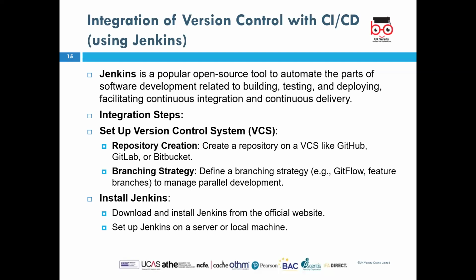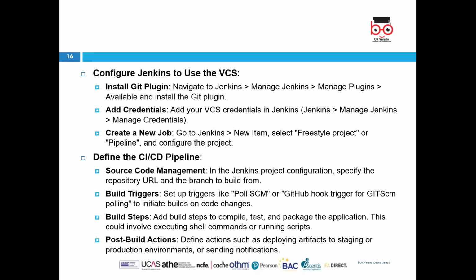So what are the integration steps? We're going to set up our version control system. We have our repository creation, where we create our folders and upload them into GitHub. Then, for example, we install Jenkins. We just need to download it from the official website and set up our environment.